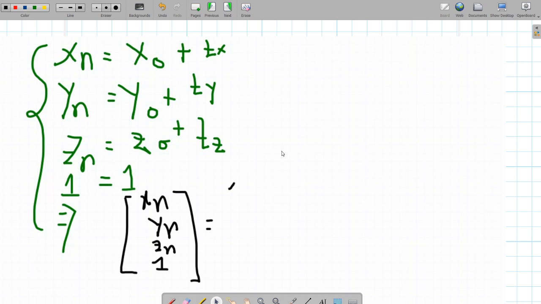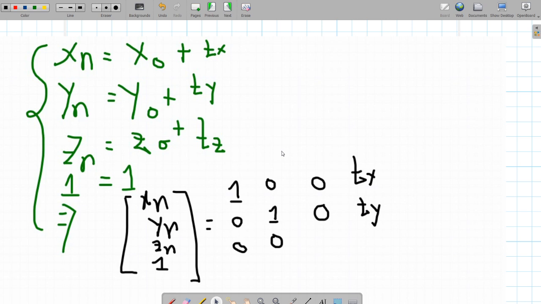and on the right hand side you will have 1 0 0 tx, then 0 1 0 ty, 0 0 1 tz at the next row, and at the last row you have to adjust it for the homogeneous coordinate.